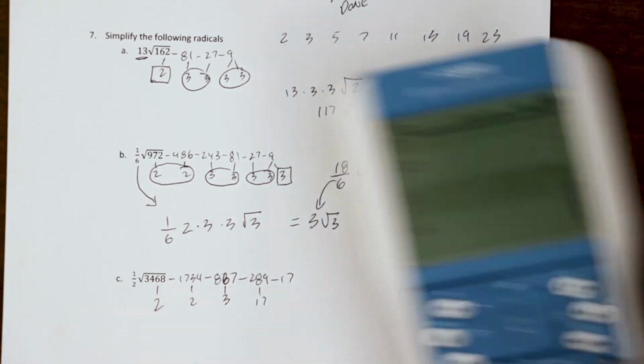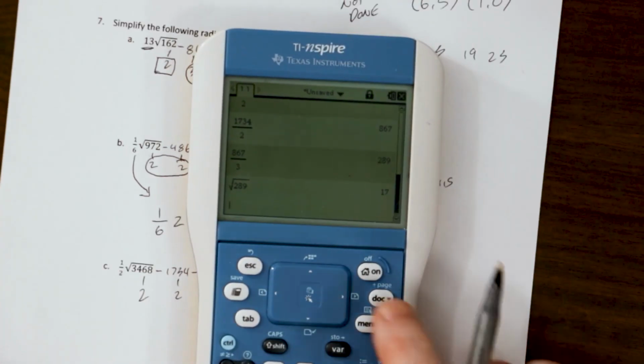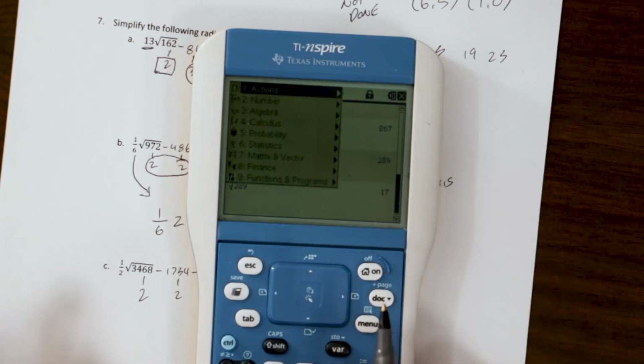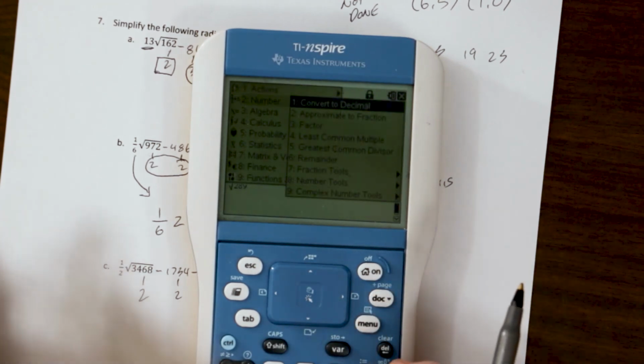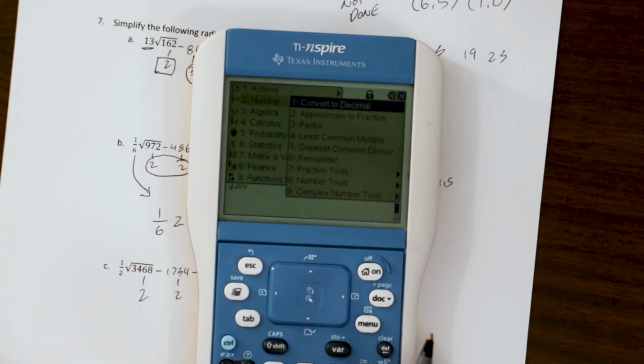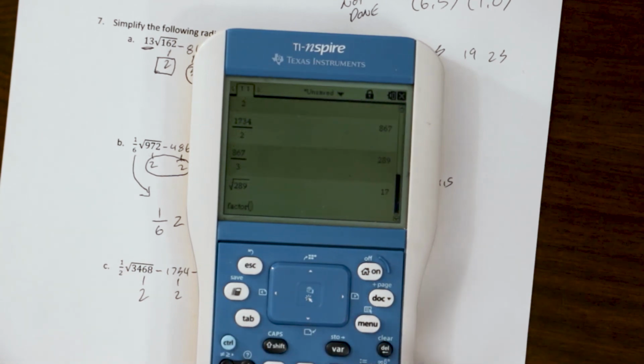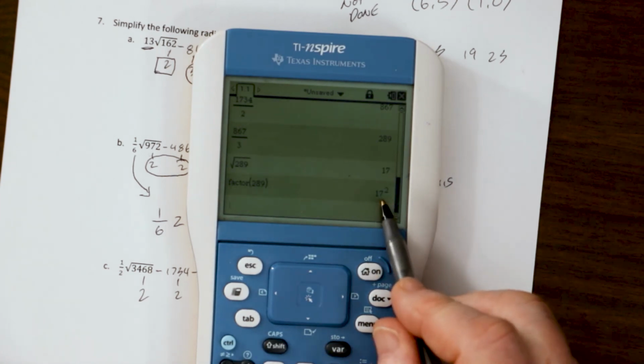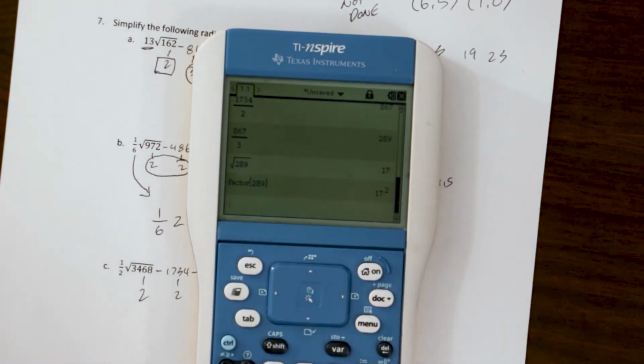In fact, I'm not sure whether this calculator is going to do this. Let me just take a quick look. We go to numbers, and it says 3 factors. So if you hit 3 and you hit 289, hit enter, it tells you that it's 17 squared. I forgot about this. See what happens when you sit there with a calculator long enough.